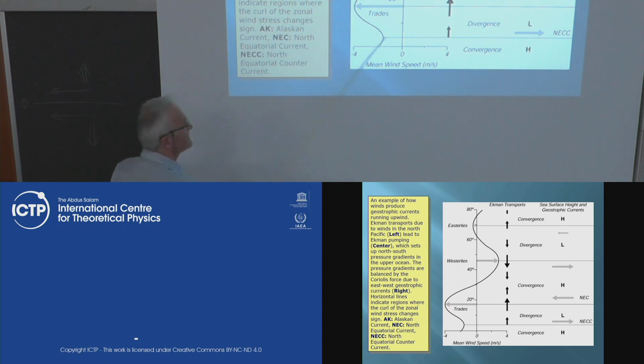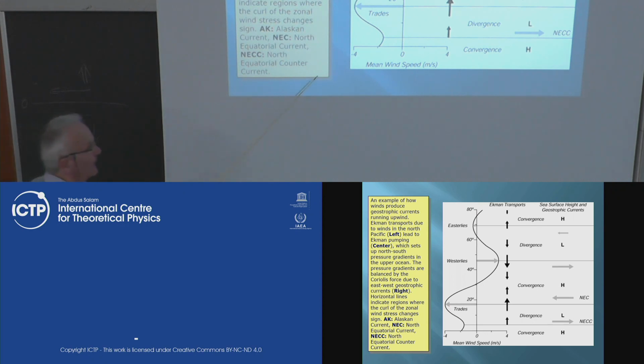We have trades in the subtropical area, westerlies in the mid latitudes, and again easterlies in high latitudes, in polar areas. This is the typical distribution of the wind.